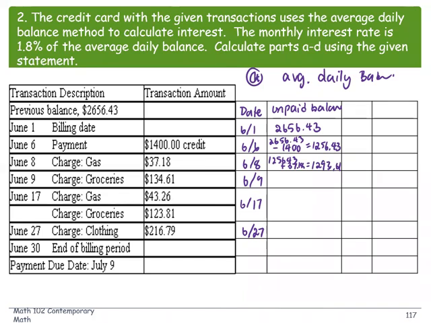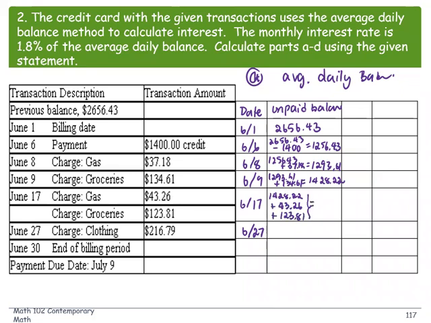On the 9th, $134.61 was spent on groceries. The balance on that day becomes 1293.61 plus 134.61, or 1428.22. On the 17th, there are two transactions, so we add those two numbers to the previous balance: 1428.22 plus 43.26 and 123.81.